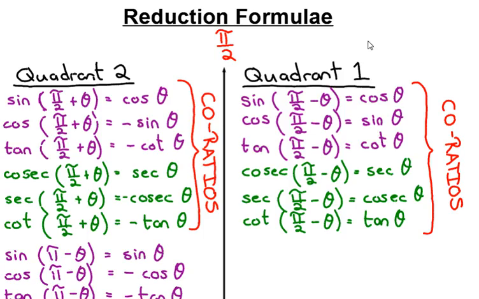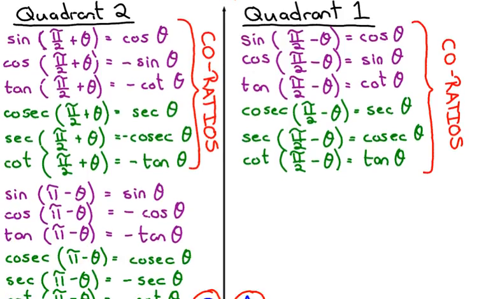So if we have a look at our co-ratios in quadrant 1, we've got sine of pi over 2 minus theta is cos theta, etc. You can have a look at your other reductions that you already know from core maths. Now, all of our reductions also apply to our reciprocal functions, and they've got exactly the same signs as their originals.